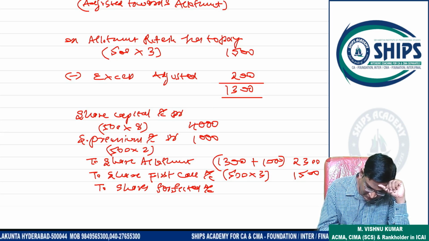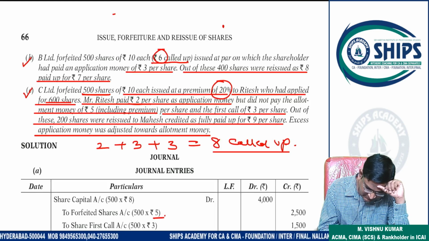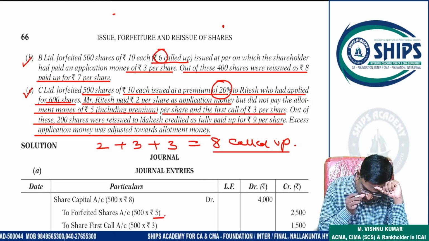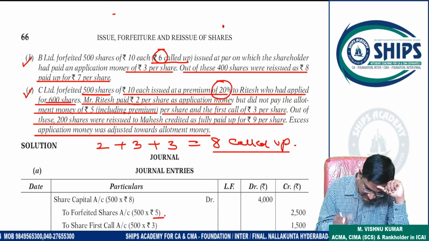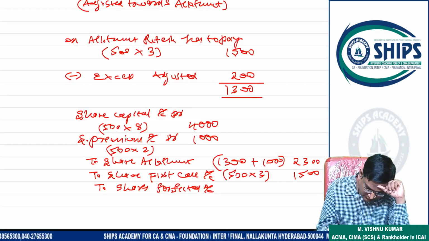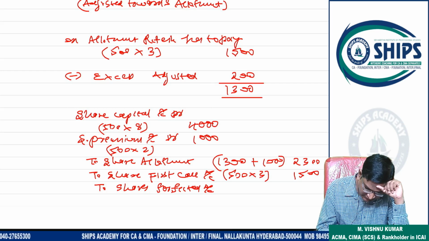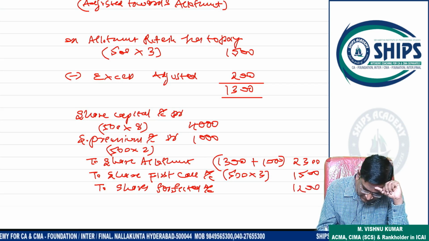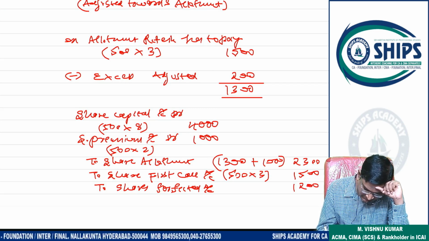First call 500 shares into 3 rupees, this 3 also not paid. Okay, so it means 1500. So out of 5000, 2300 plus 1500, how much is that? 3800. So 1200 rupees he paid.